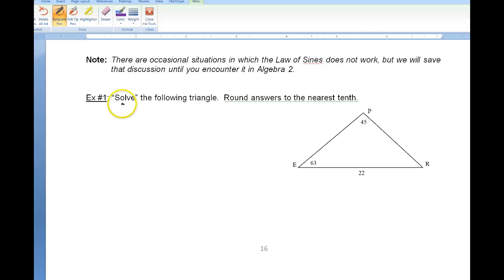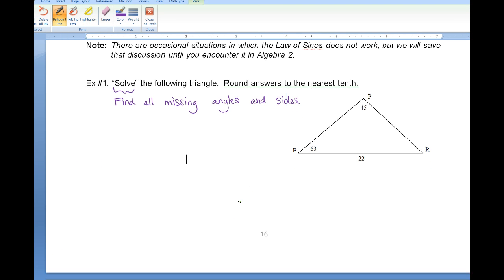Okay, so whenever you see the word solve, solve means to find all missing angles and sides. Usually that means there's going to be 3 missing pieces. So if I look at this picture, I have 3 angles, R, P, and E. Now, before I start anything, I'm actually going to label.